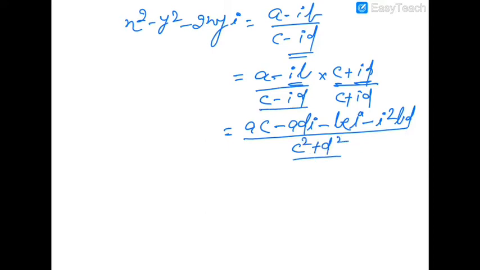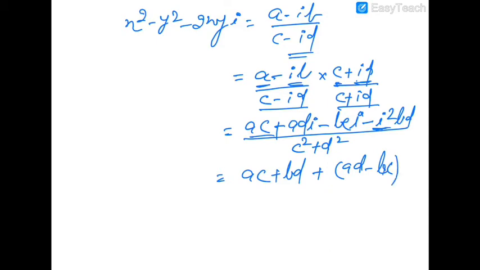Whenever we multiply, definitely we'll be getting the same thing. You can check it out. Now children, after that, it will be ac plus bd, plus (ad minus bc) i, upon c square plus d square.